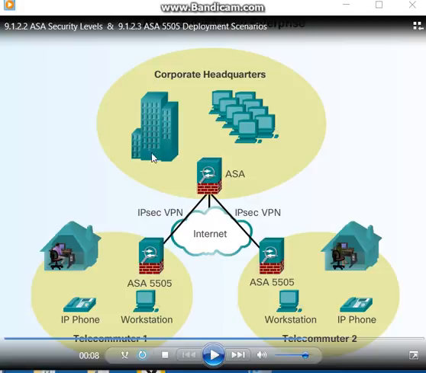So this is an enterprise deployment. You have two telecommuters and home users, and they use the ASA to connect to centralized locations using IPsec VPN.